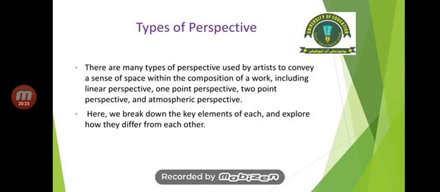Types of perspective. There are many types of perspective used by artists to convey a sense of space within the composition of a work, including linear perspective, one point perspective, 2 point perspective, and atmospheric perspective.